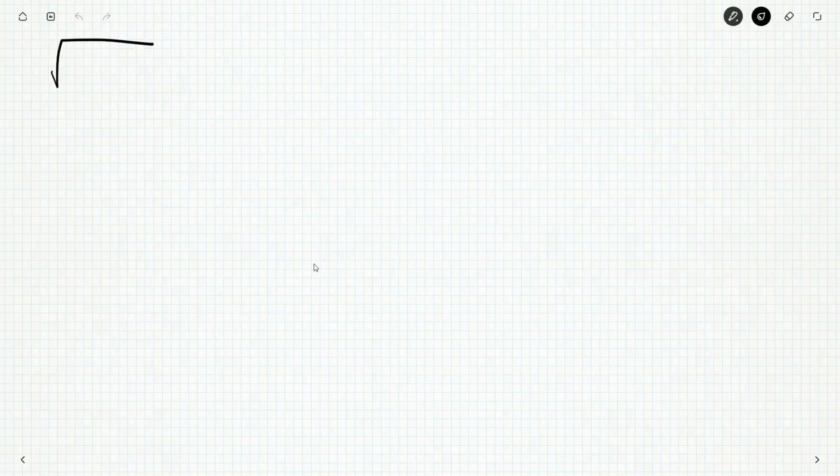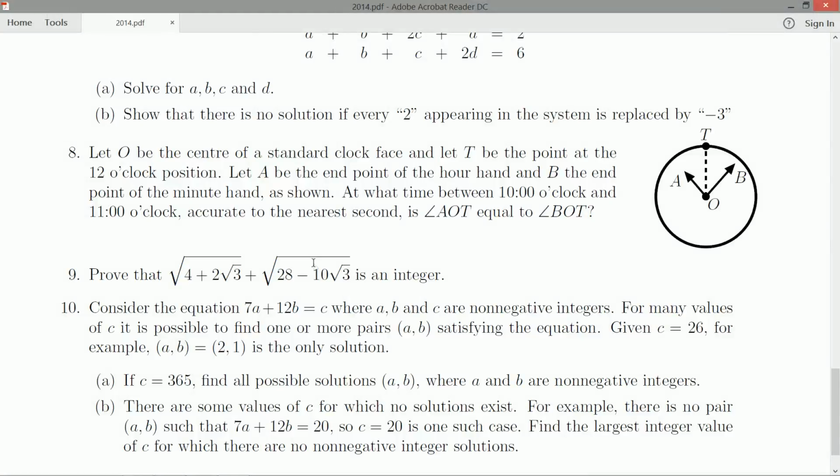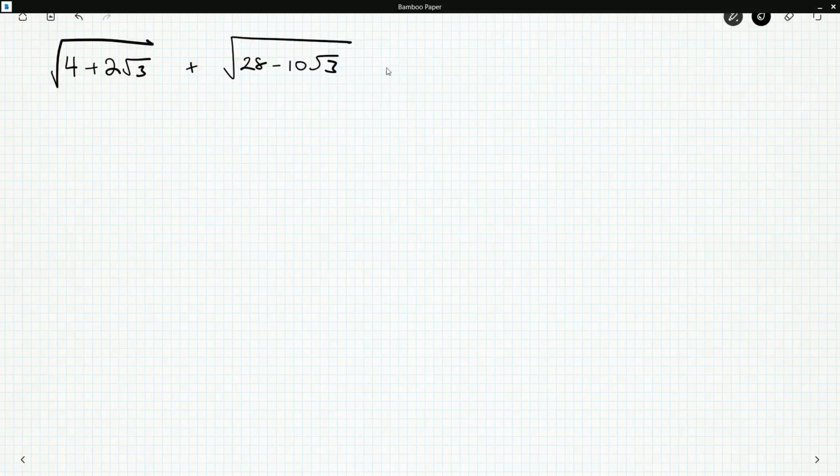Okay, so with that in mind, so 4 plus 2 root 3, and then it was plus 28 minus 10 root 3. I think that's what it was. Yeah. So I will say that's k.